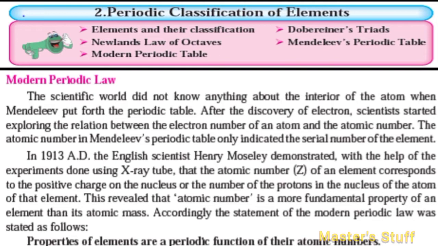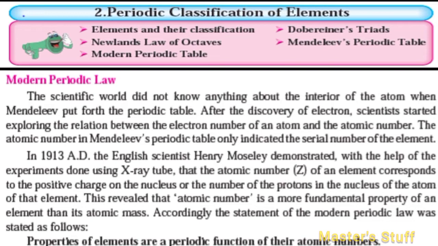He demonstrated this by various experiments that he performed using an X-ray tube. These experiments helped to reveal that the atomic number is actually the fundamental property, rather than the atomic mass of an element.